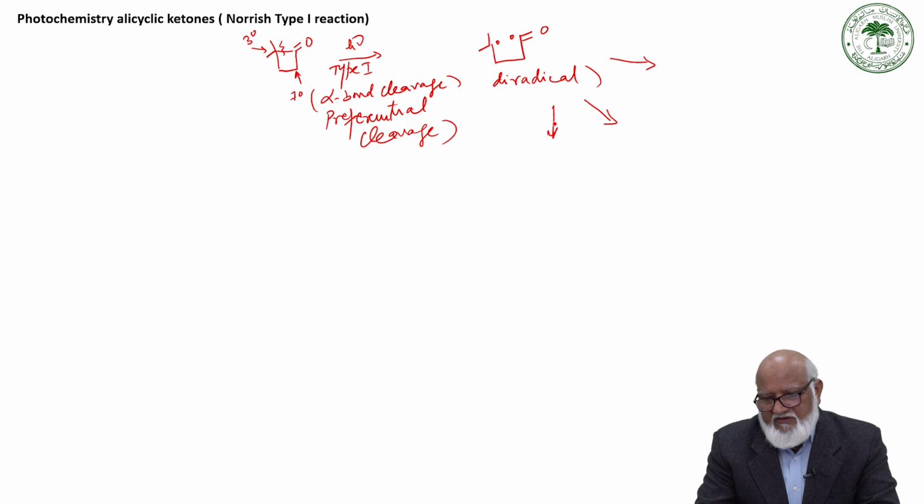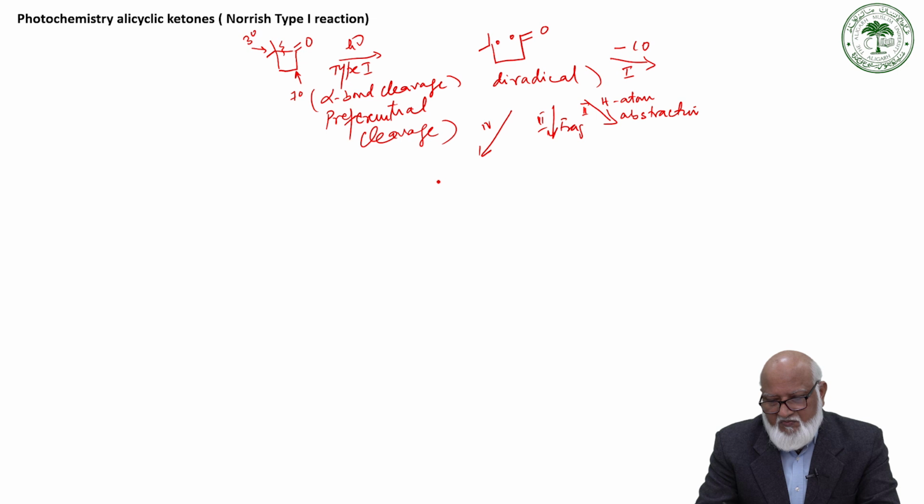The first path, the most important, is decarbonylation. The second is aldehyde hydrogen atom abstraction to give an aldehyde. The third is fragmentation to give a ketene, and the fourth one is ring expansion.